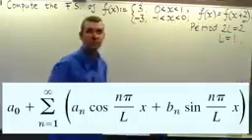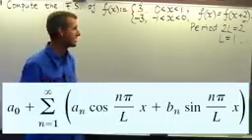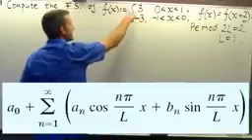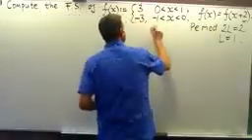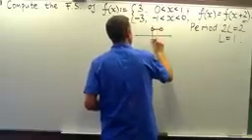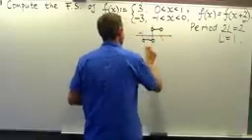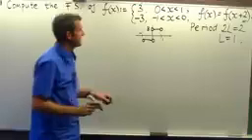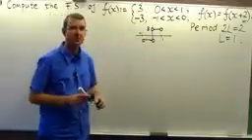This is important for finding our Fourier coefficients. Also note that the given function is odd. This isn't drawn to scale, but the function is an odd function.